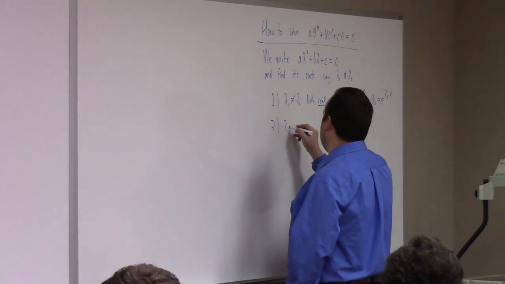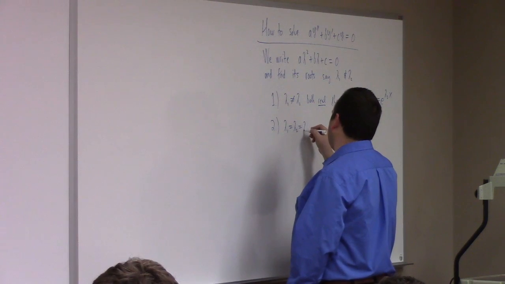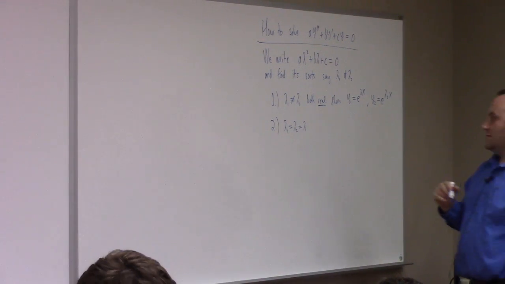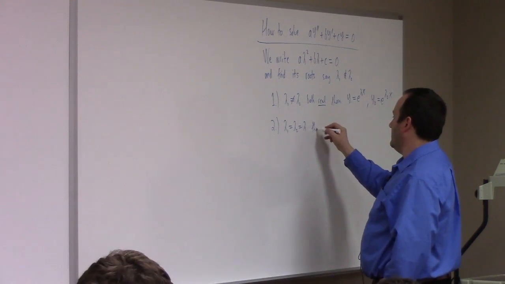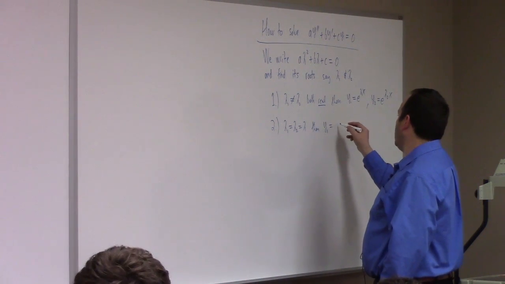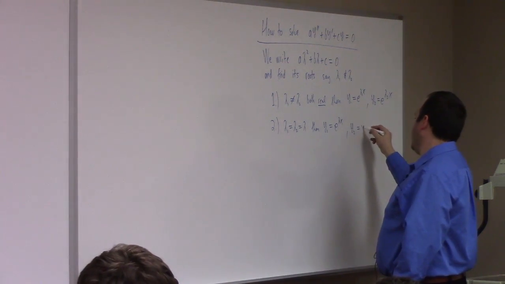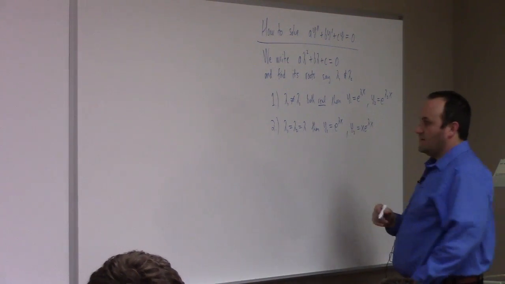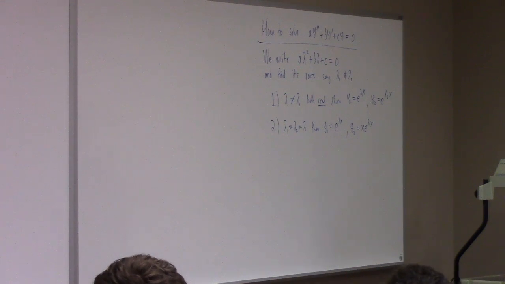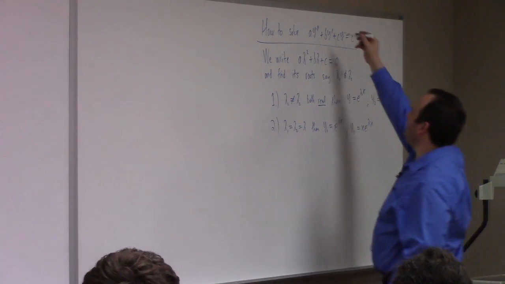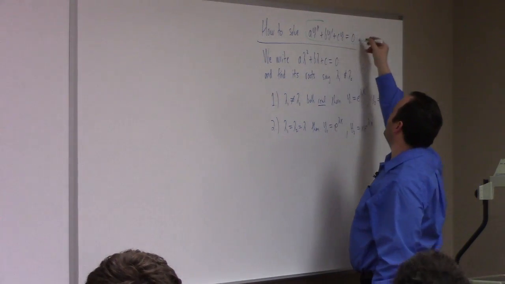If lambda 1 is equal to lambda 2, and we'll just say it's equal to lambda in that case because we don't need subscripts if we just got one lambda, right? Then y1 equals e to the lambda x, and y2 equals x e to the lambda x are solutions to star, which I will label shortly.